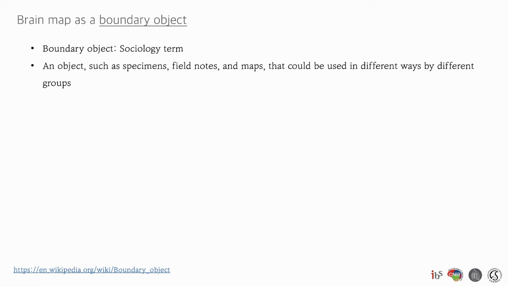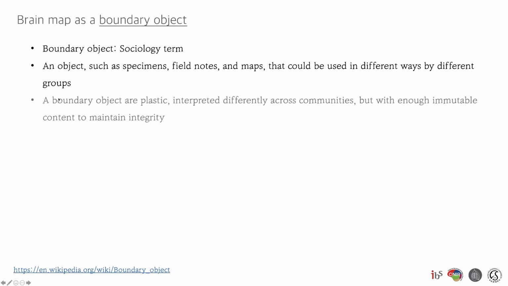So when I shared this interesting observation with my colleagues a while ago, one of them taught me about the boundary object. The boundary object is a term from sociology and indicates an object that could be used in different ways by different groups. The objects are plastic but robust enough to maintain their integrity.